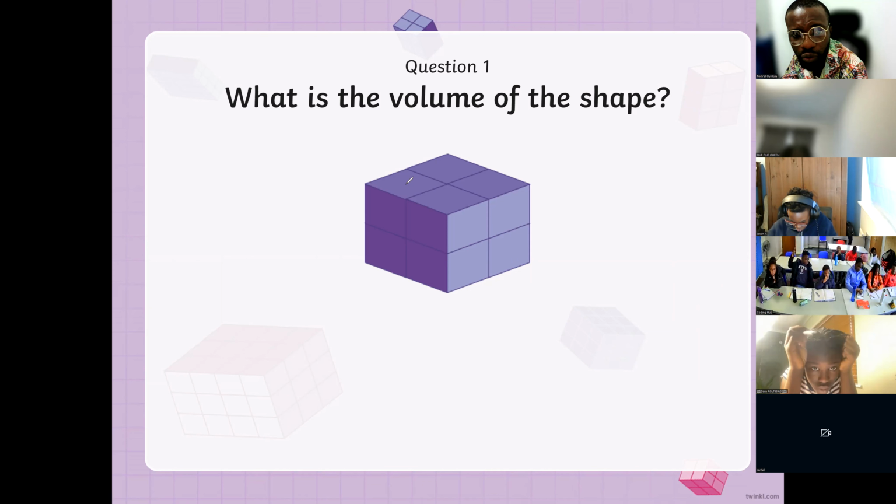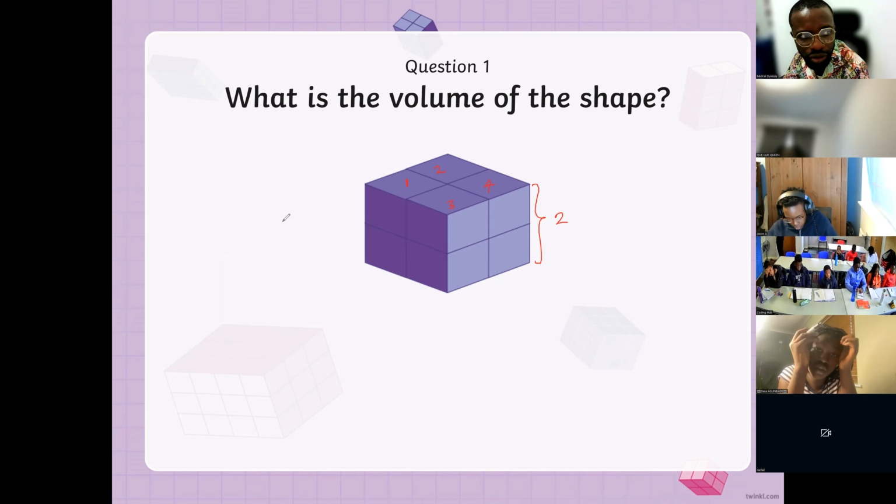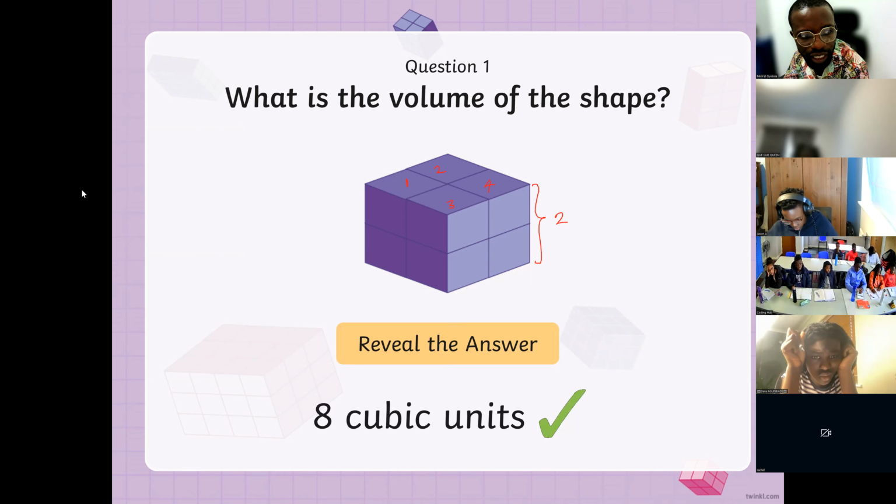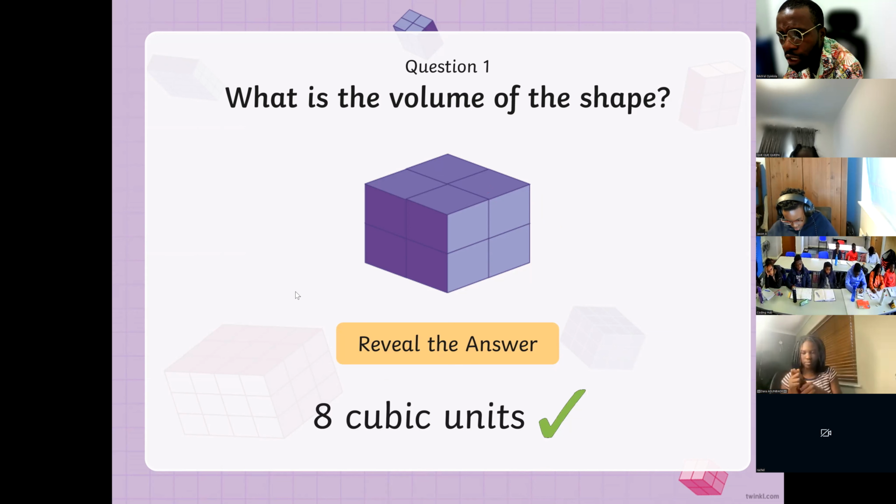We can see 1, 2, 3, and 4. Then times 2 layers. So this is indeed 8 cubic units.